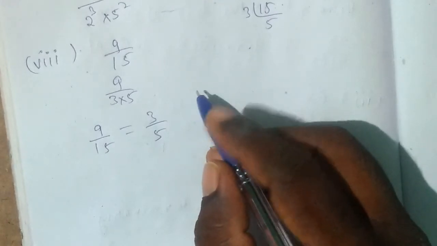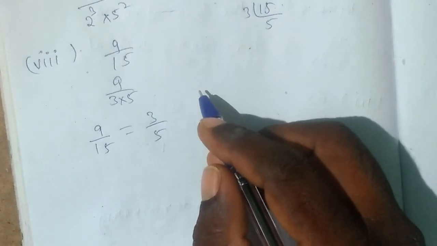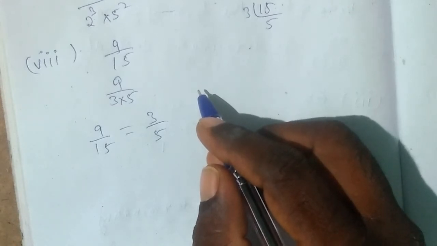The denominator is of the form 2 to the power of n, 5 to the power of m.